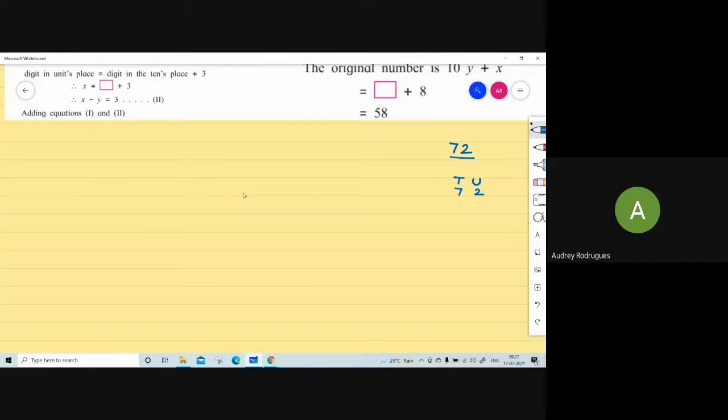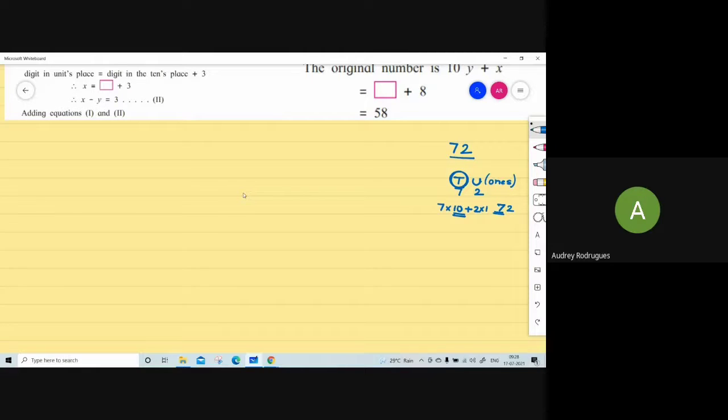But to make it a number as 72, 70 means 7 into 10 plus 2 into 1. Units is also called ones. So we have 7 into 10 plus 2 into 1. This 10 is from the tens place, correct?